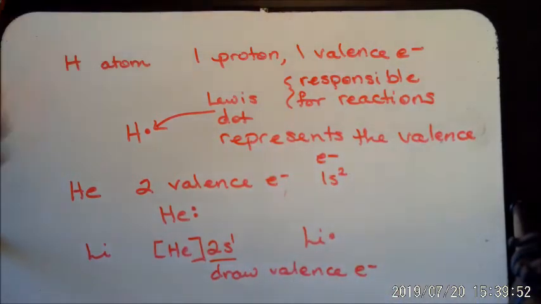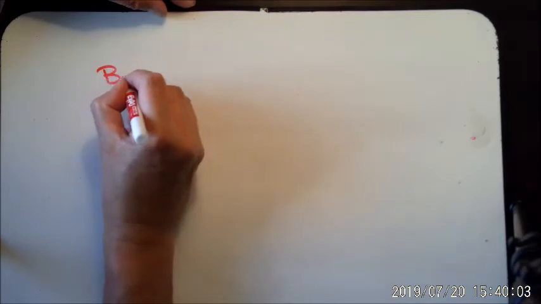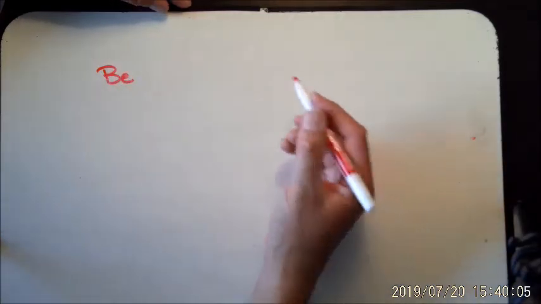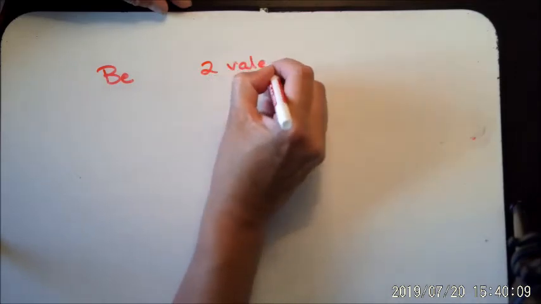Okay? What happens if we have more than one valence electron? So let's just do the rest of row 2. So lithium, beryllium has two valence electrons. And notice it's in group 2A.